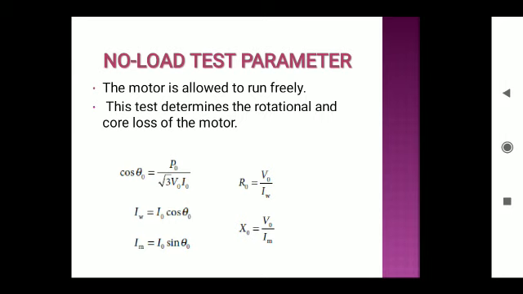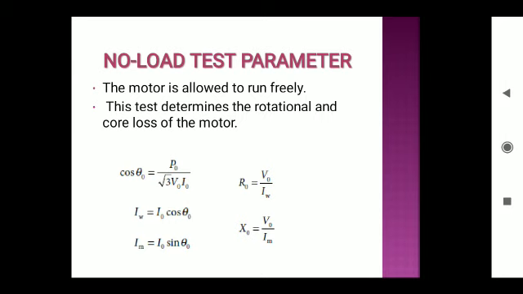IW is the working component of the current, which equals I0 cos phi 0, and I mu or Im is the magnetizing component of the current, which is I0 sin phi 0, and R0, the core resistance, equals V0 by IW, and X0 equals V0 by Im.